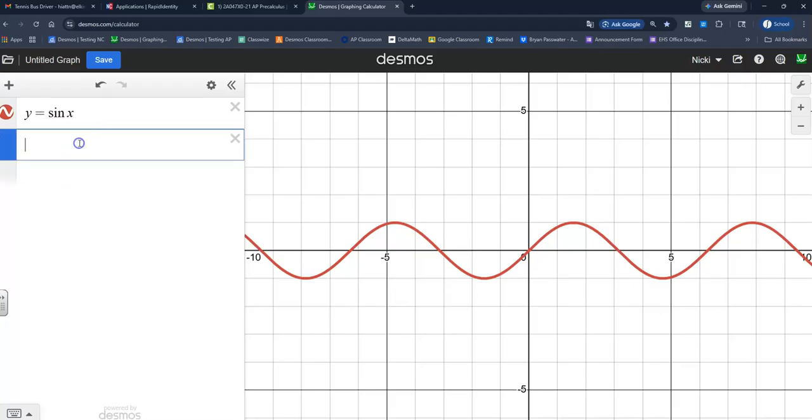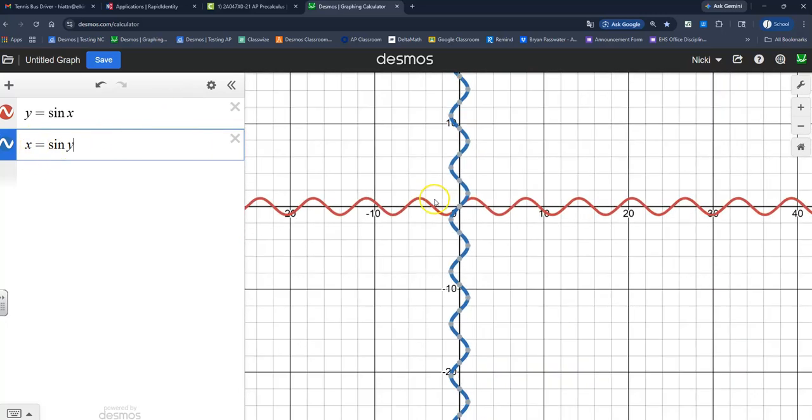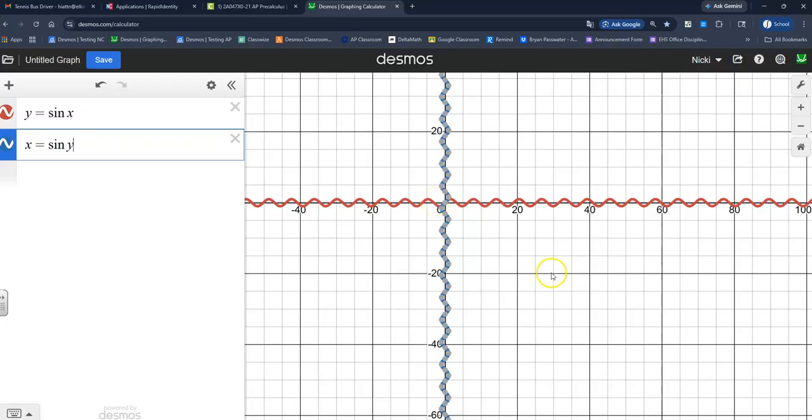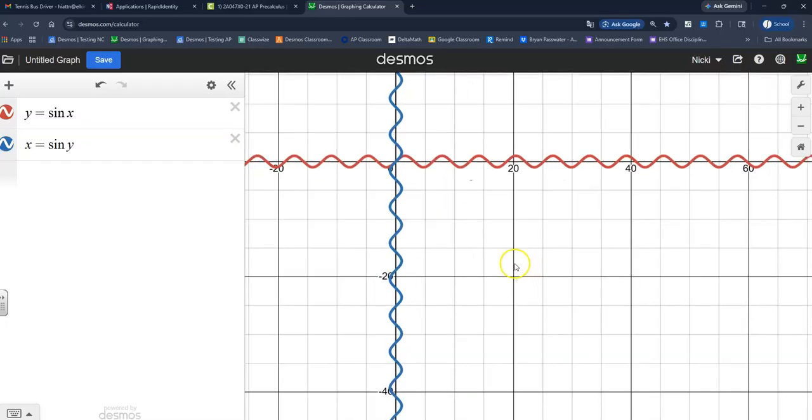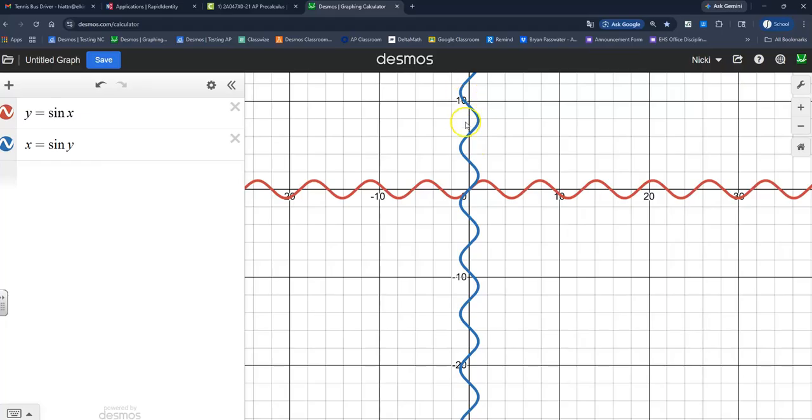But if I switch the x and y's, that's like my first step in finding an inverse, right? Well, that does this to the graph, which looks cool. But does that pass the vertical line test? Not even close, right? Every point is going to have multiple, like infinite times that it hits that vertical line.